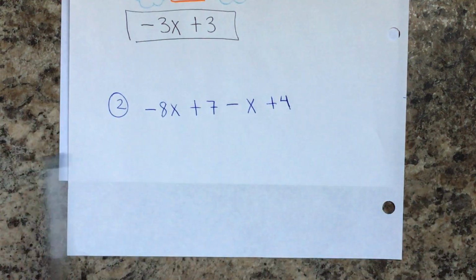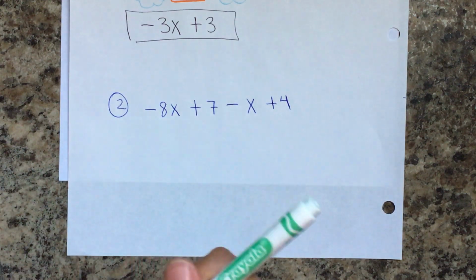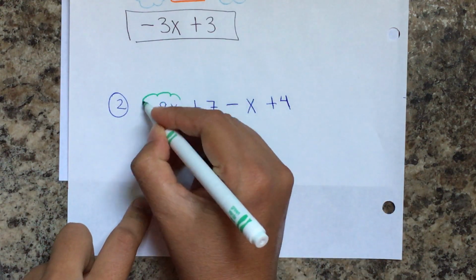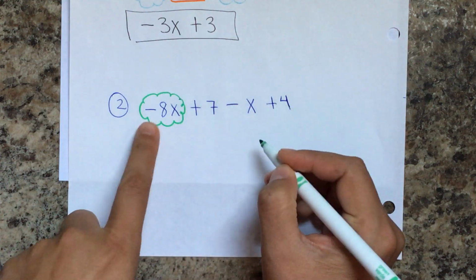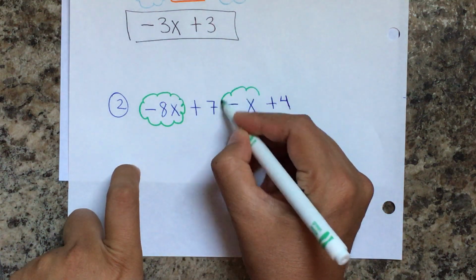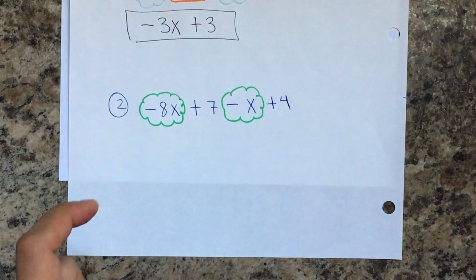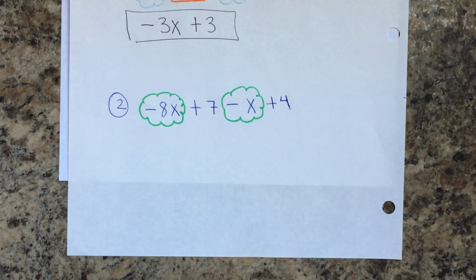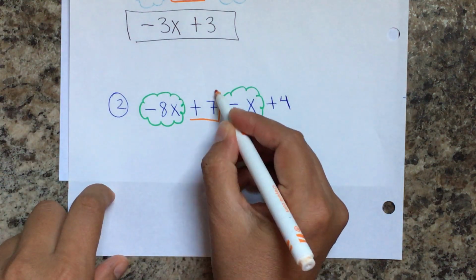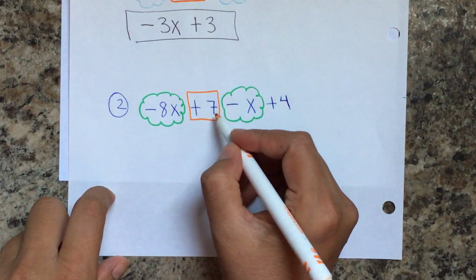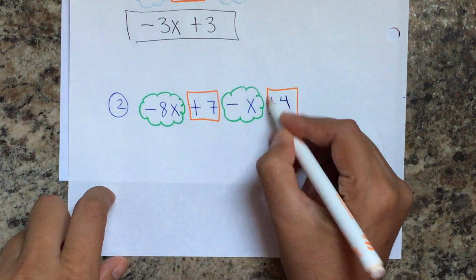The other one, again, we have negative 8x, you need to include the sign, and negative x. And we also have the constant 7, and the constant 4.